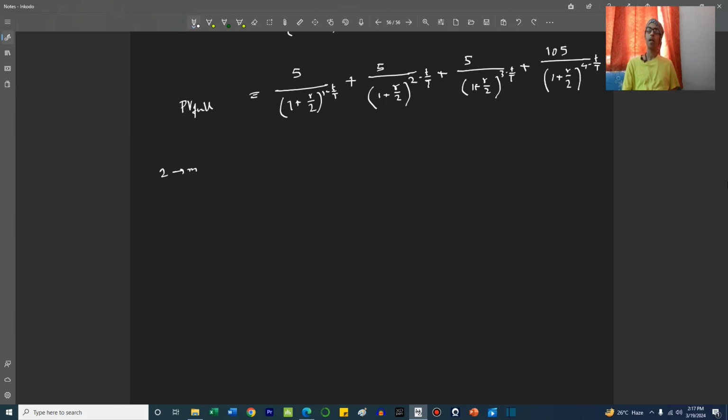So the periodic payment here is 5, but it could be any other payment, right? It is basically the annual coupon divided by the periodicity, right? So we write PMT by M.